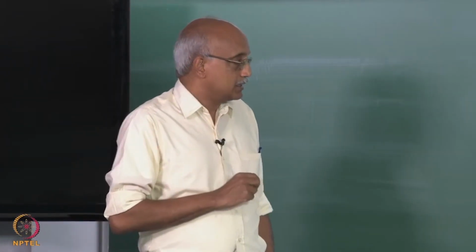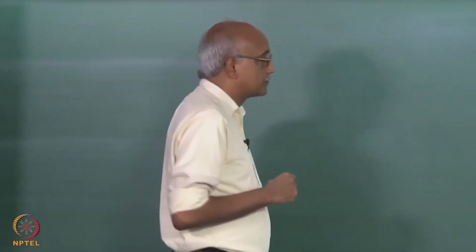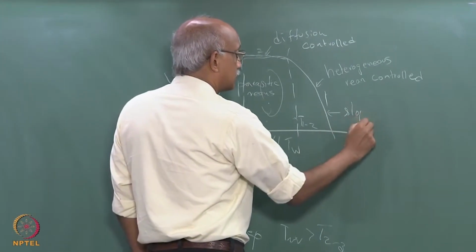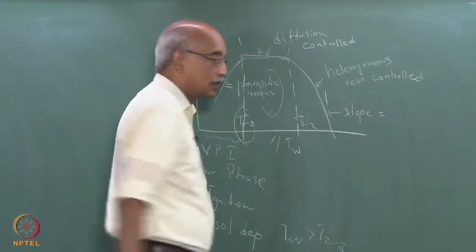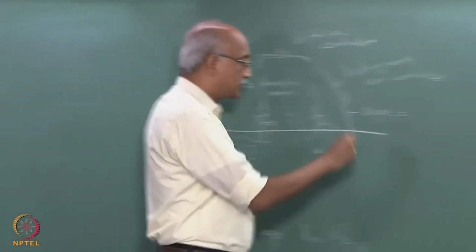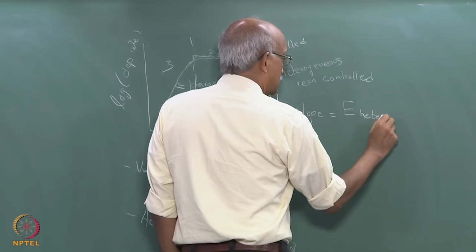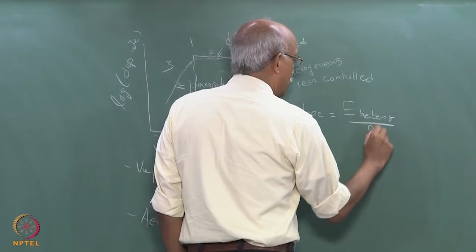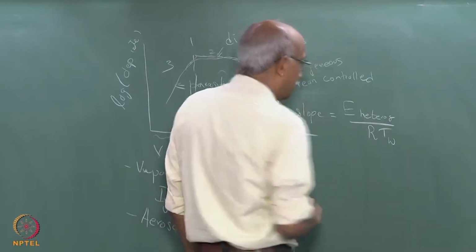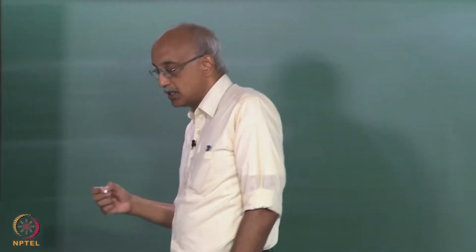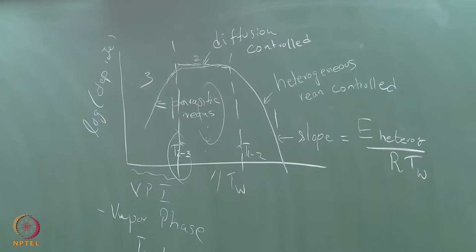So, is there a simple way to calculate these transition temperatures? Now, one of the things that we need to look at here is, if you look at the slope of this curve, that actually corresponds to an activation energy for heterogeneous nucleation over some R TW, where E heterogeneous is the activation energy associated with the heterogeneous reaction.